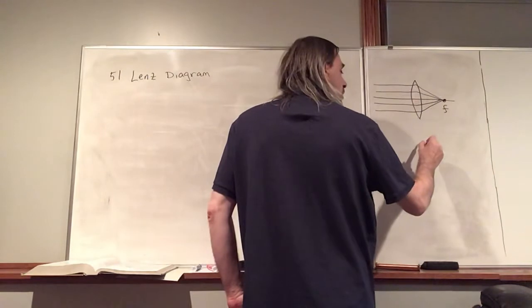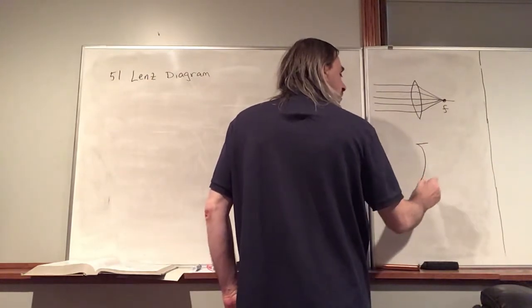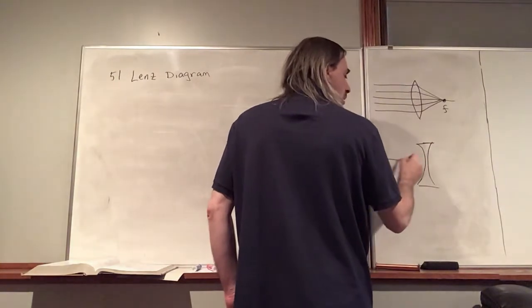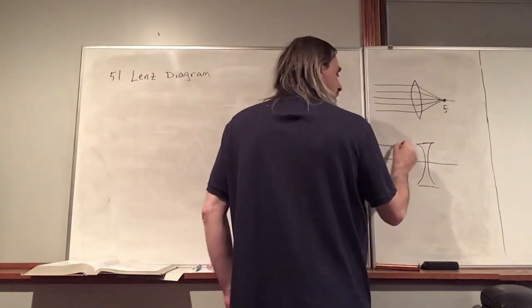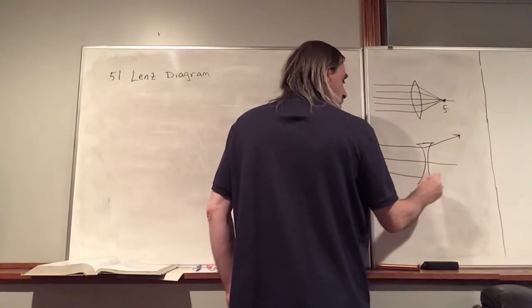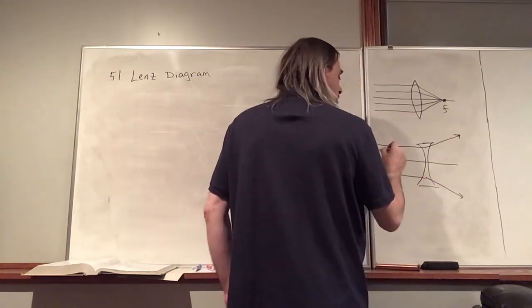And we can also have a diverging lens, which has this hourglass look. The light coming parallel to this axis is going to diverge.